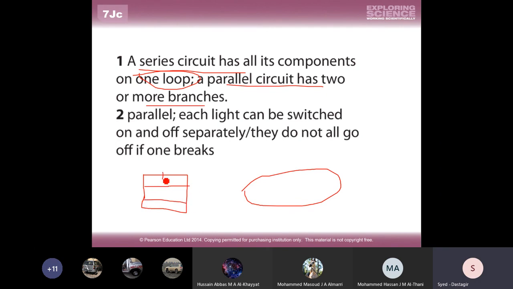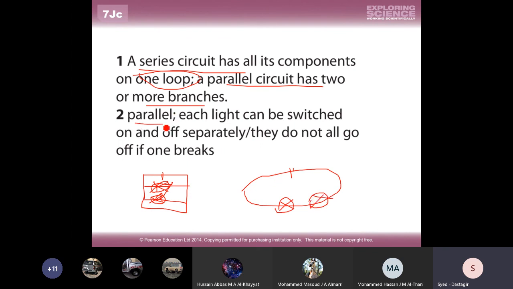If you imagine a battery here, and a light bulb there, and a light bulb there. Sorry, it's a bit hard for me to draw. Whereas in a series, imagine a battery there, and then the light bulbs here. They're in one loop, okay?